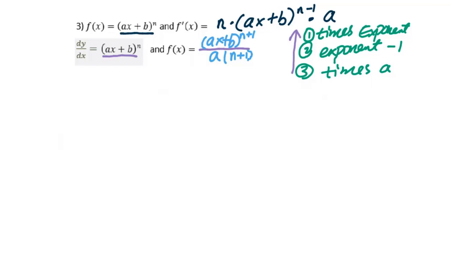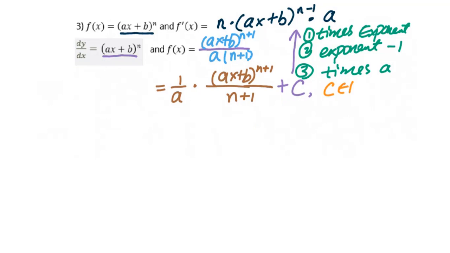Let's rewrite this. You will get 1 over a times ax plus b to the n plus 1th power over n plus 1. Then remember you have to plus c, and c is all real numbers.